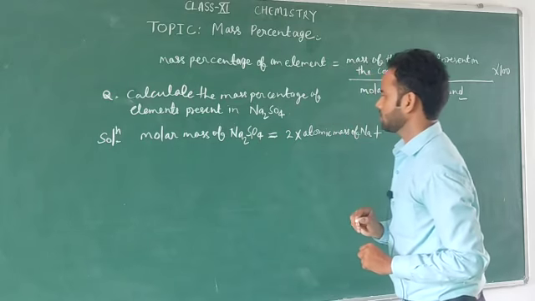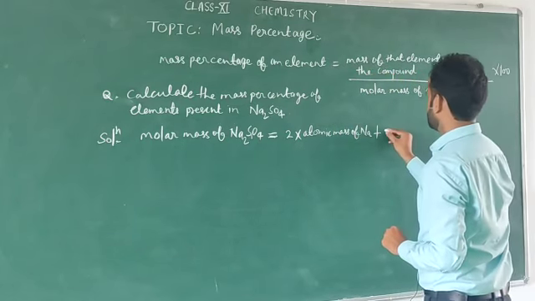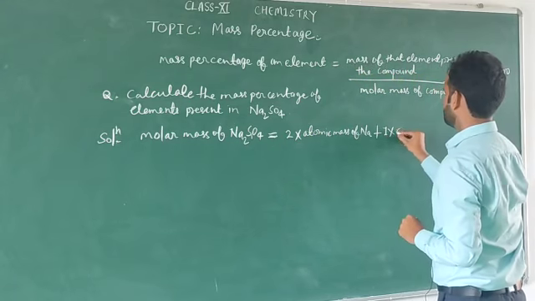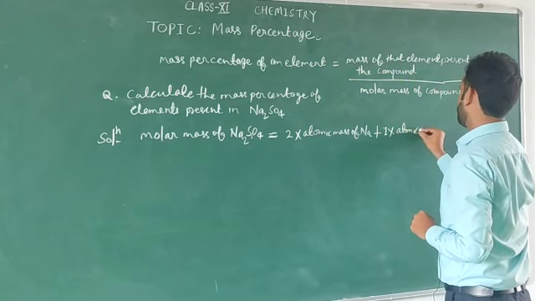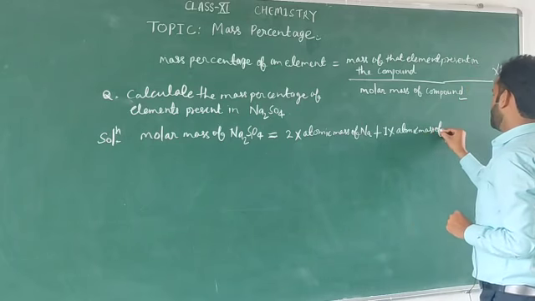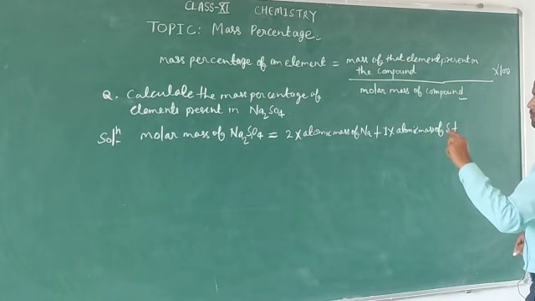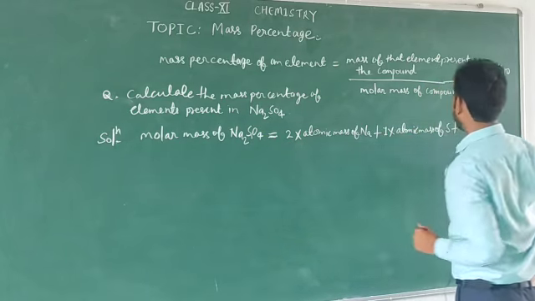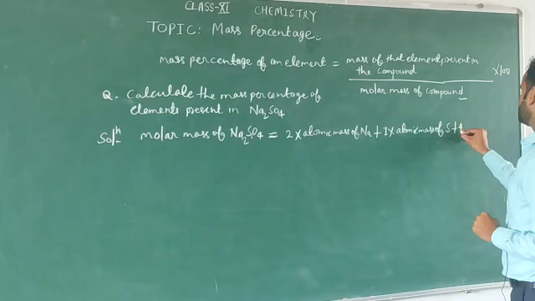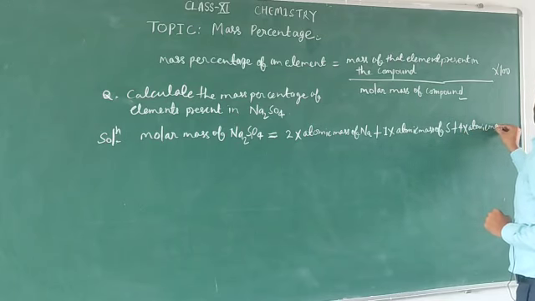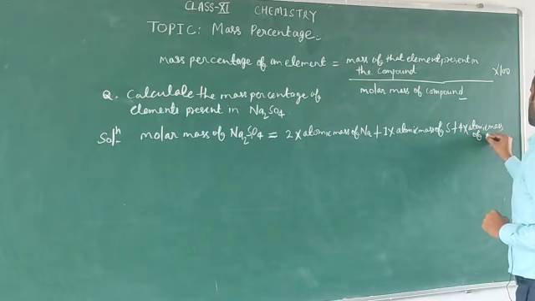There is 1 sulfur atom, so 1 multiplied by the atomic mass of sulfur, plus 4 atoms of oxygen are present here, so 4 times the atomic mass of oxygen.